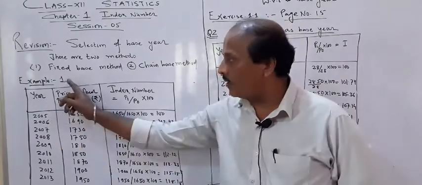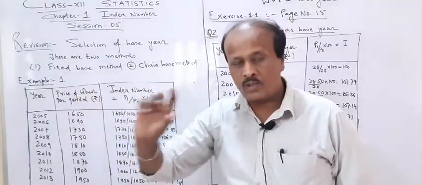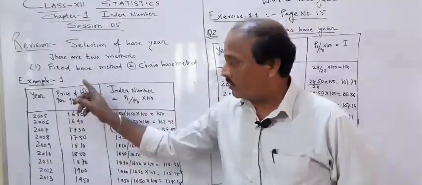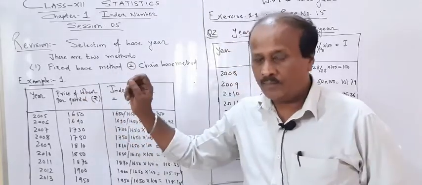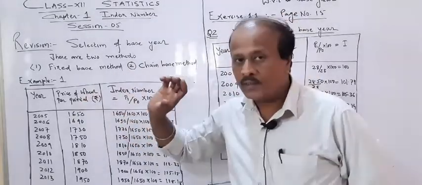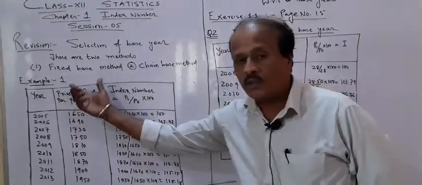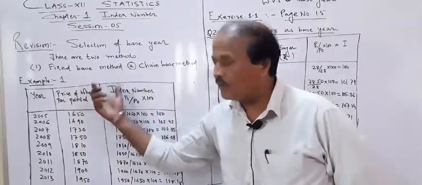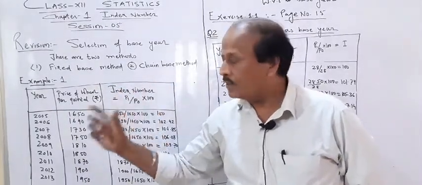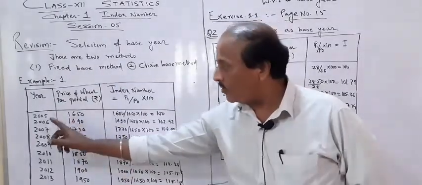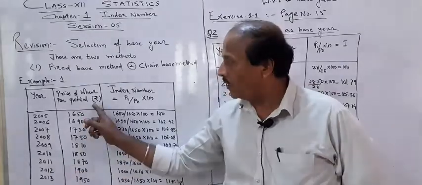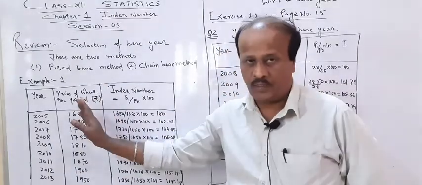So there is example 1. Note down that question from that particular page. See example 1. Usually it is given in the form of a horizontal table, so you convert it into a vertical table. I am not making the horizontal table. See the vertical table: the first column will be for year, and the second column will be for price values.